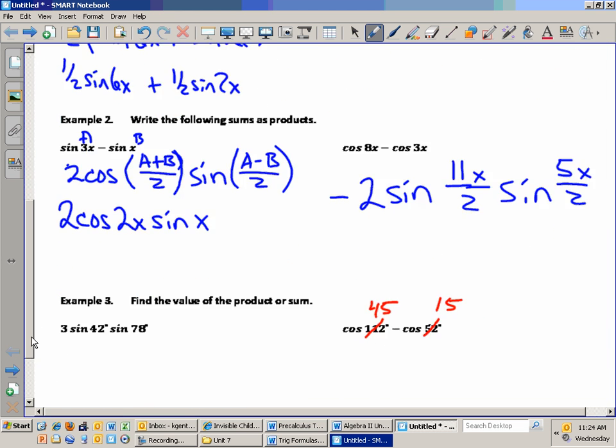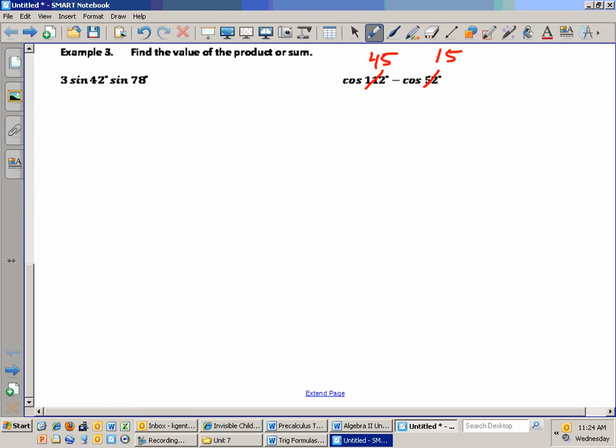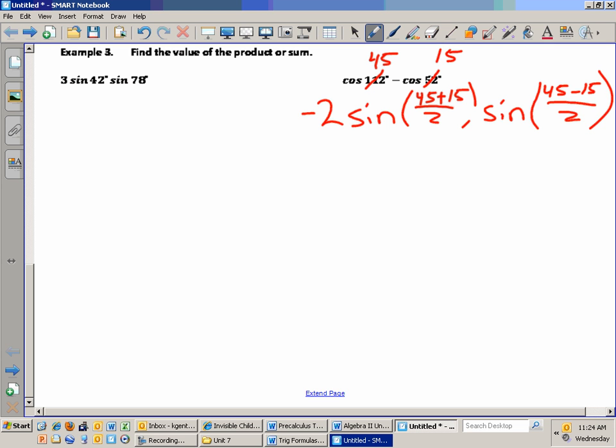So I can write this down. Negative 2 times the sine of 45 plus 15 over 2 times the sine of 45 minus 15 over 2.